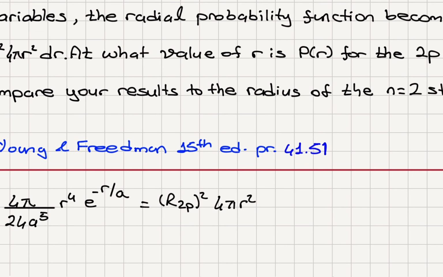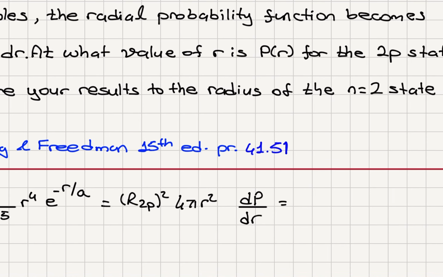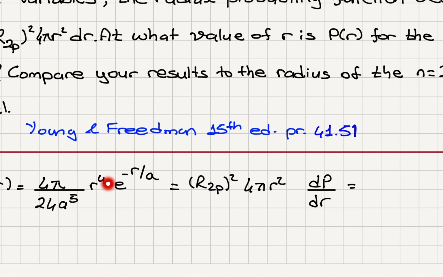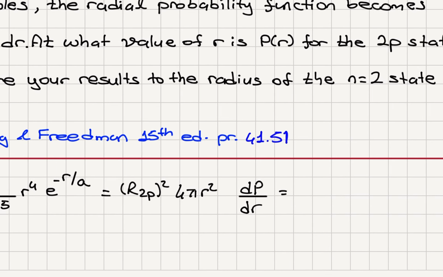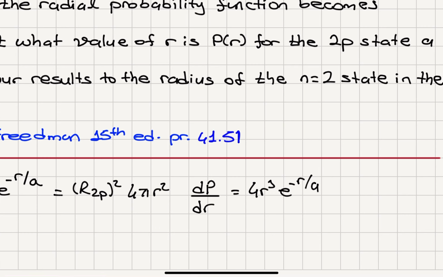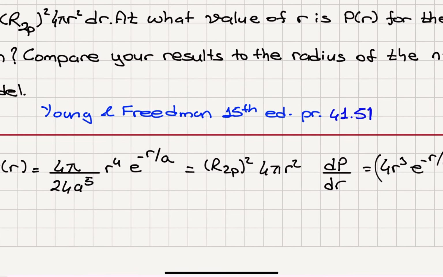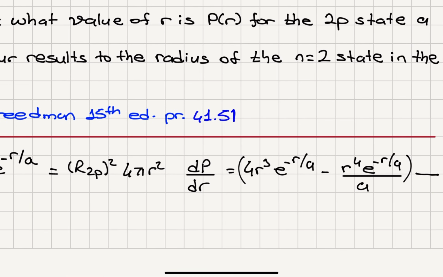Now, if I look at dP/dr, first I have the r to the fourth power, so it's going to give me 4r cubed times exponential minus r over a, and then from the exponential I will get minus 1 over a, so I will have minus r to the fourth e to the minus r over a divided by a, and this is multiplied by the prefactor 4 pi over 24 a to the fifth power.